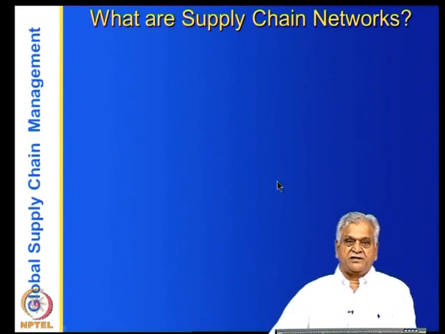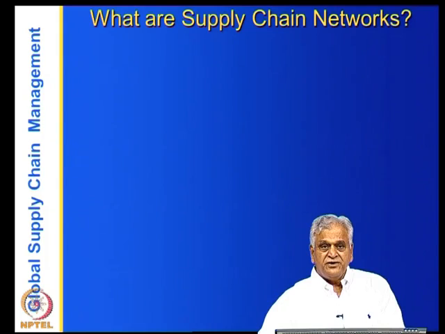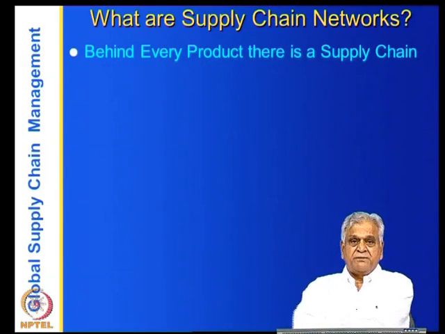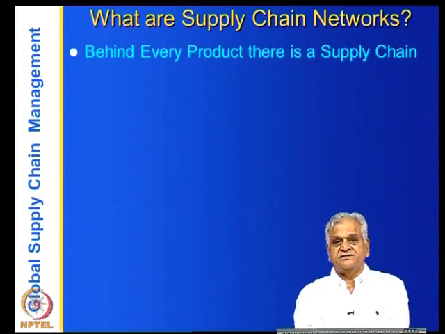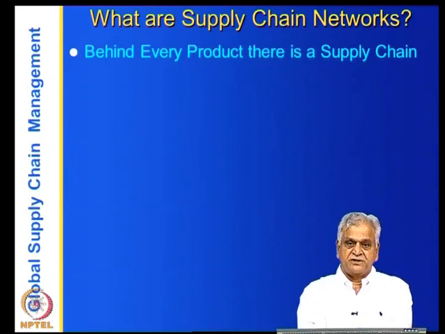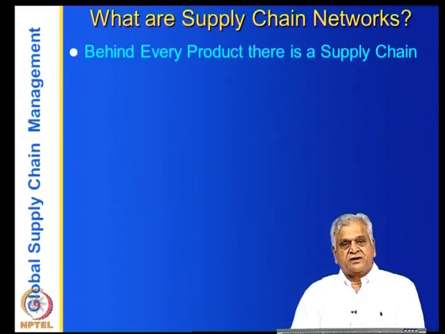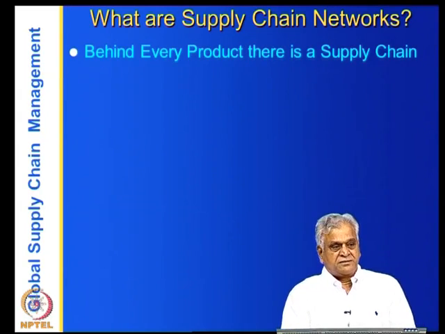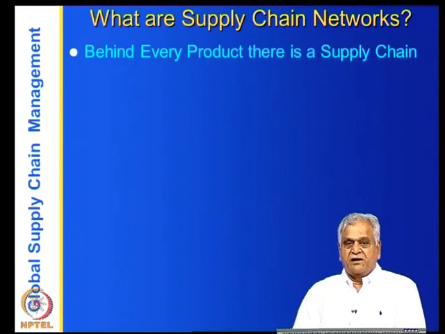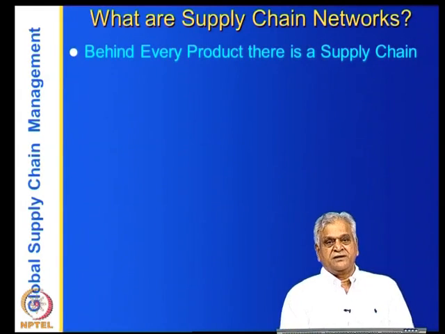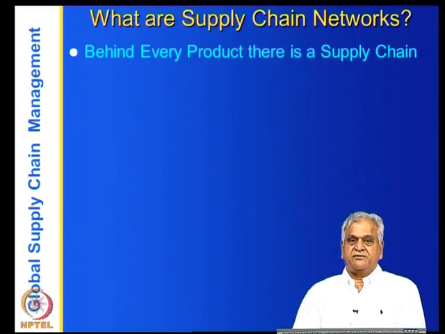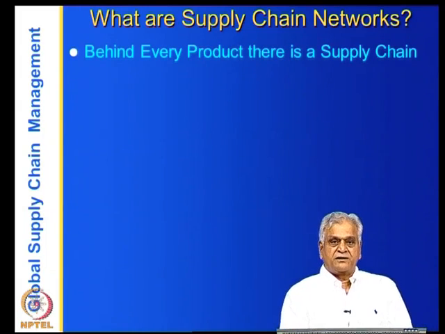What are supply chain networks? If you look at this one, behind every product, there is a supply chain. In other words, supposing you take a car, or a cell phone, or a PC or a laptop, behind that there are basically several companies working together to produce that particular product.